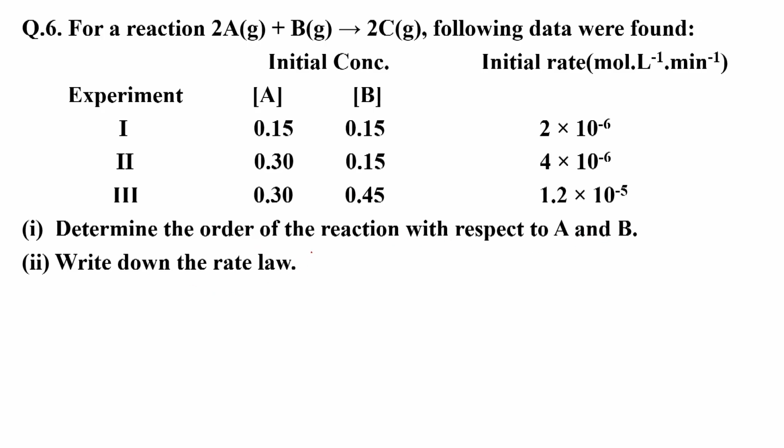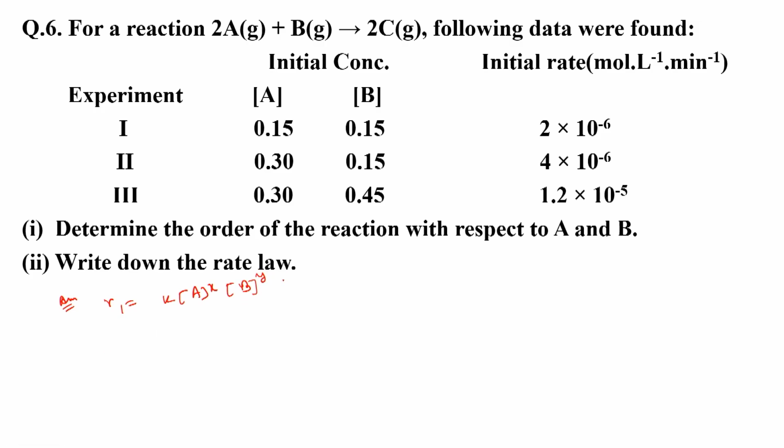So from the experiment you can write, first we consider R1. Say the rate law R1 is k, concentration of A to the x, concentration of B to the y, right?